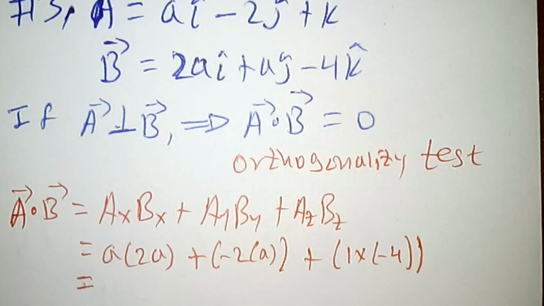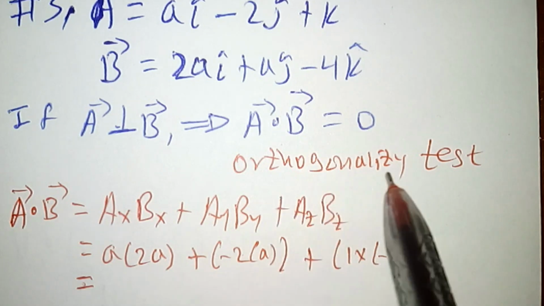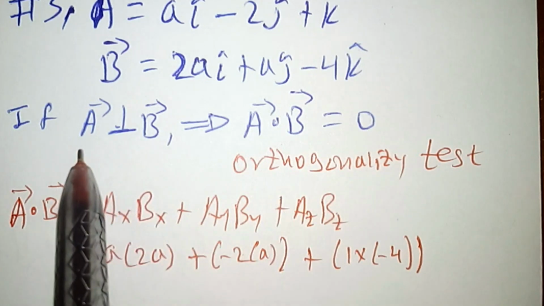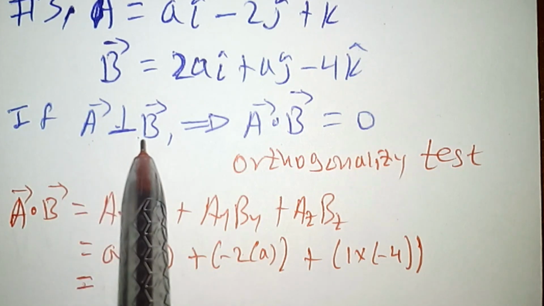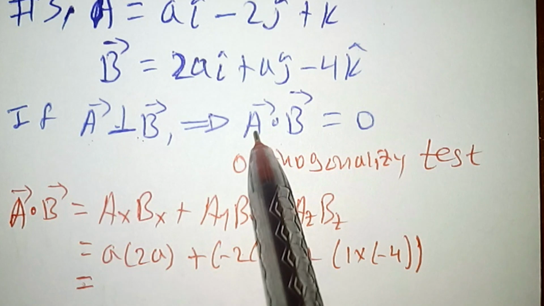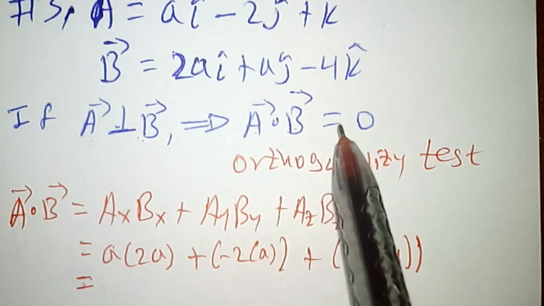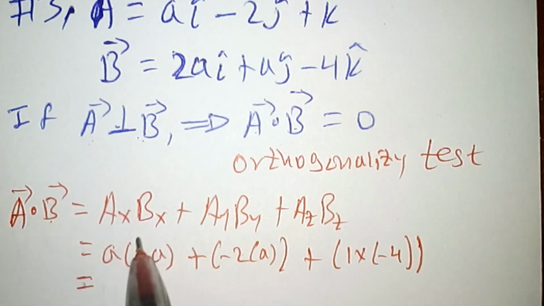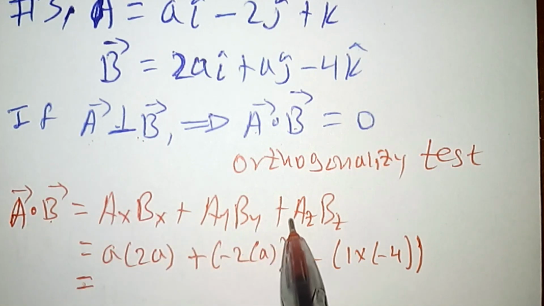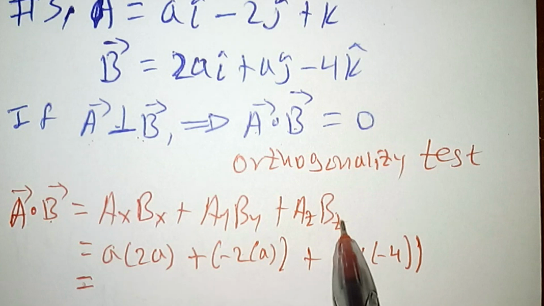So for what values of a are vector A and vector B orthogonal to each other? We know from the orthogonality test that if two vectors A and B are orthogonal or perpendicular to each other, then the scalar product of the two vectors is 0. So A dot B is AxBx plus AyBy plus AzBz.